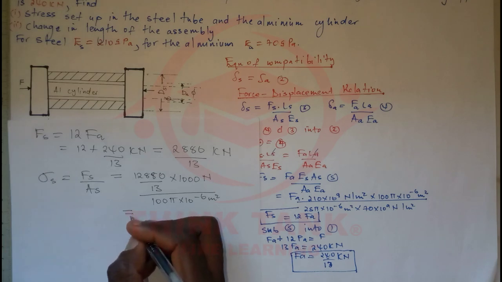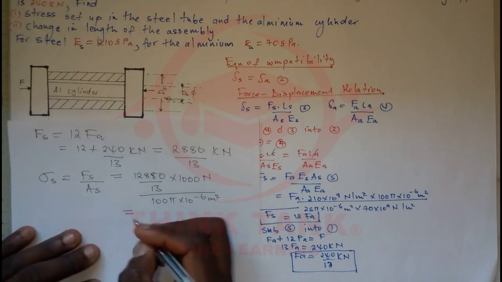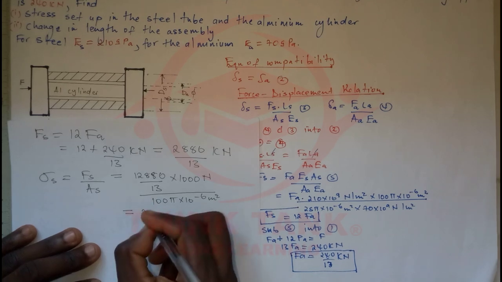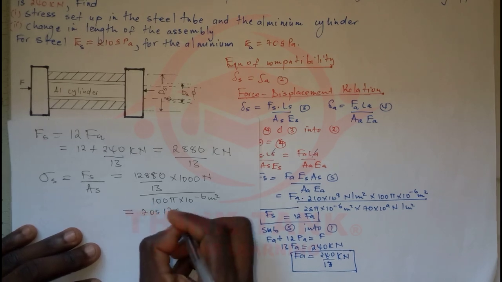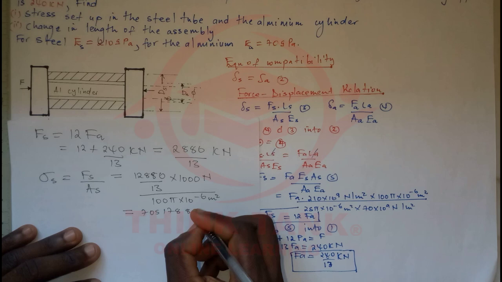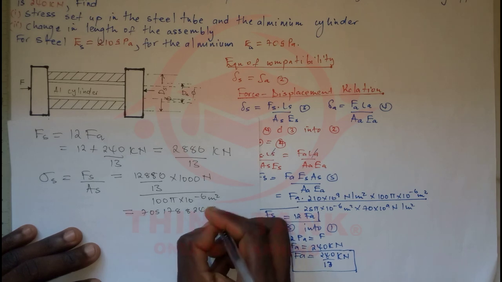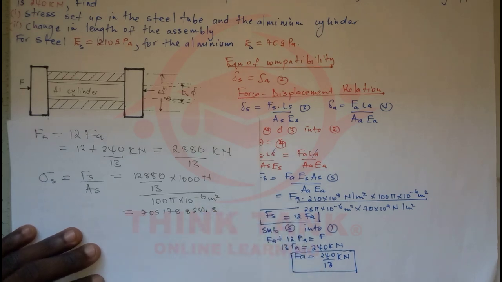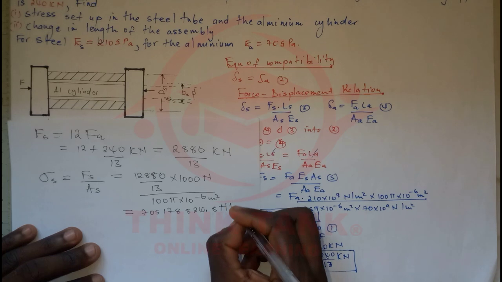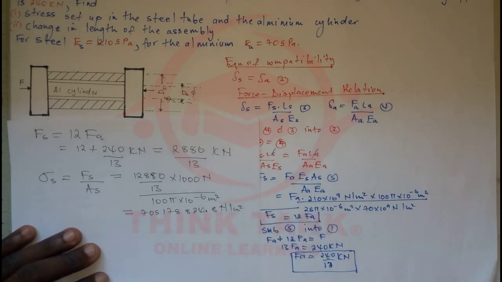If we do this, we're going to get 205,178,824.8 Newton per square meter, and I'm going to change it to something like mega.